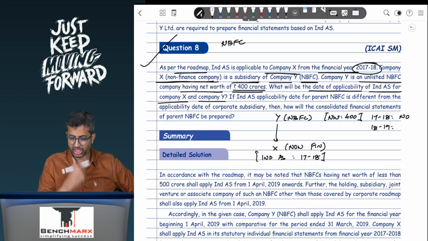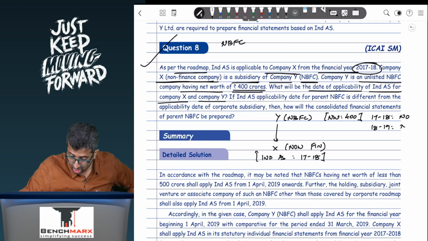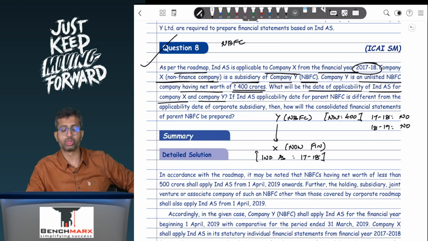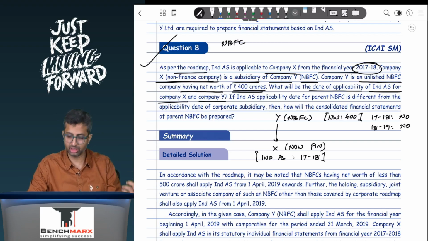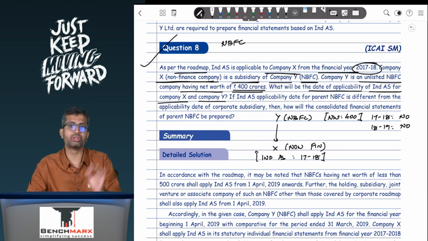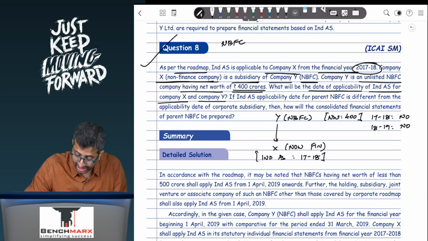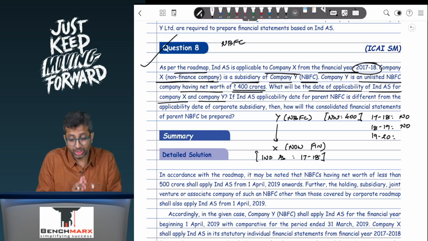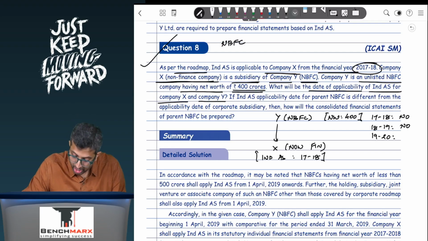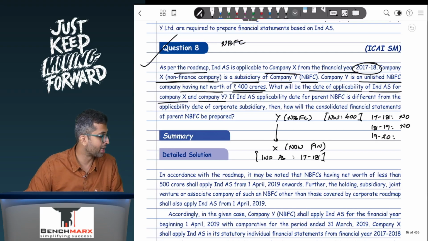For the year 18-19, assume net worth continues to remain 400 crores only. From the year 18-19 onwards, what do you guys think? Will Ind AS become applicable? No. Why? Because even for 18-19, your net worth has to be greater than 500 crores. That is NBFC's net worth is 400 crores. Now in the year 19-20, the limit will be 250 crores. Assuming the net worth continues to remain 400 or above, will this become applicable from the year 19-20?